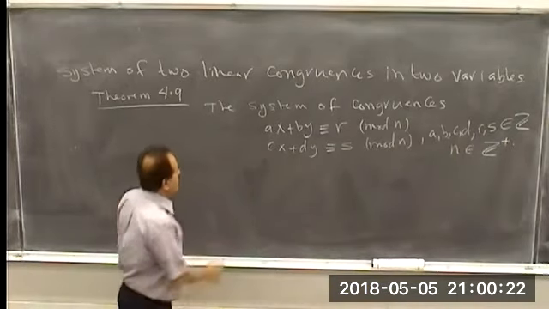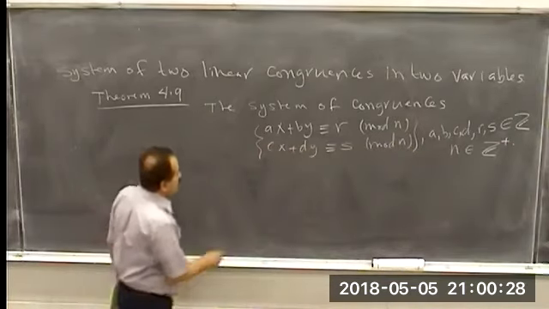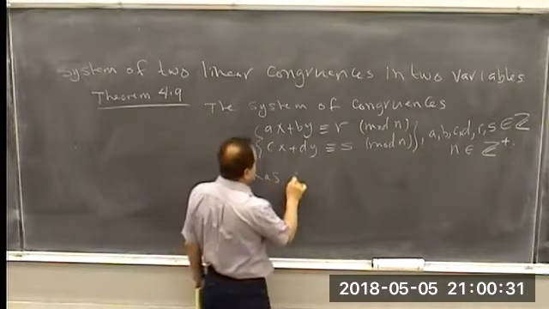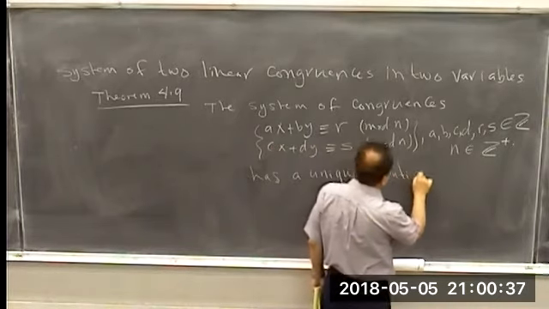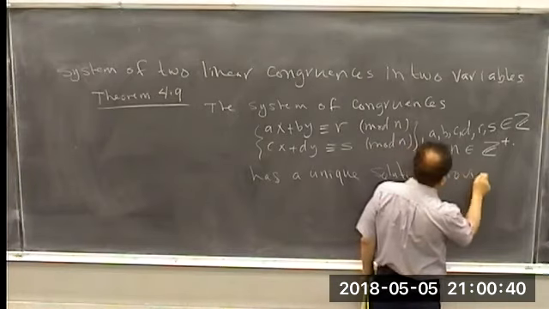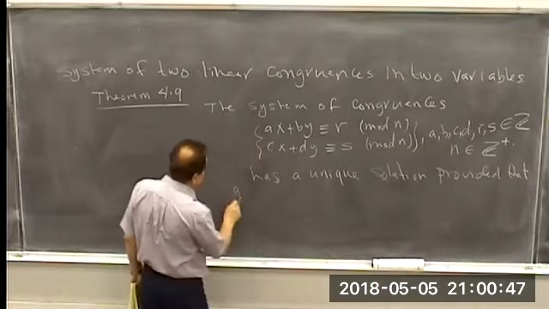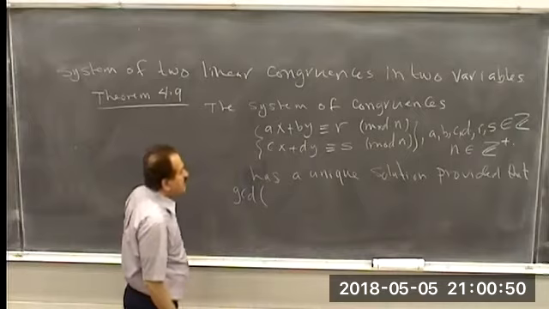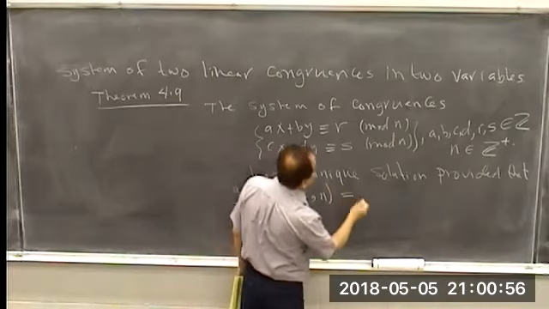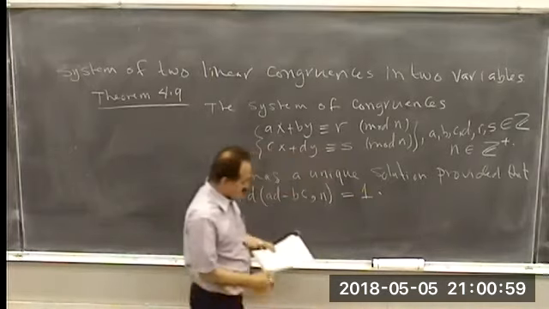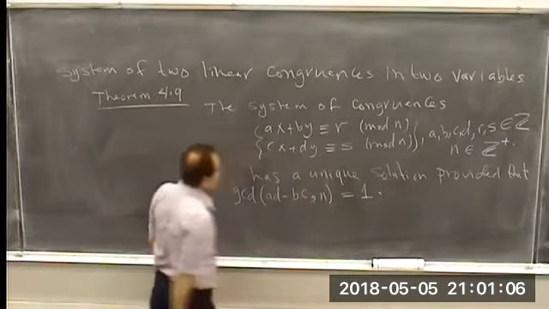This system has a unique solution provided that the greatest common divisor of ad minus bc and n is equal to 1. And of course, 1 divides r and s.